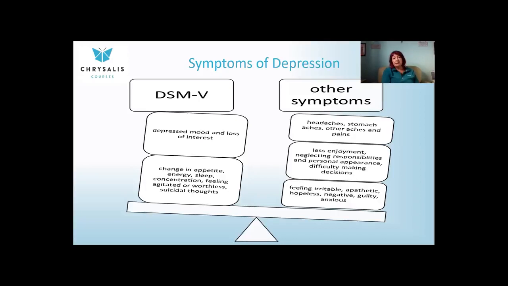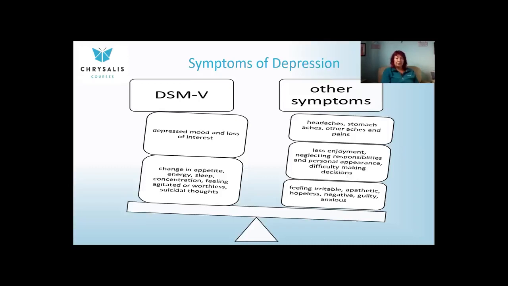There does seem to be some genetic and biological links, but past and current traumas and environmental stressors also play their part. We know that depression, and especially bipolar, can run in families, and studies of twins also confirm that.